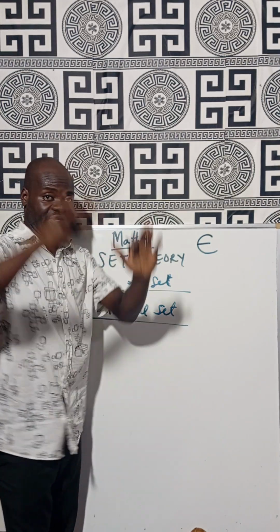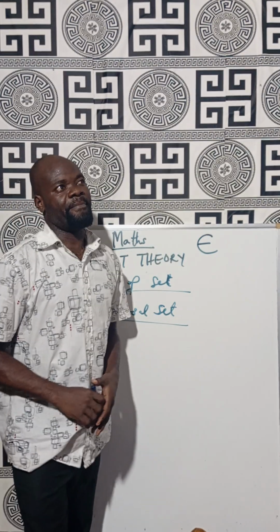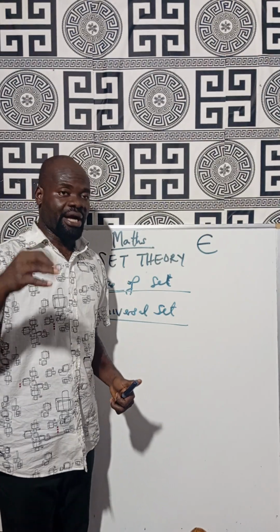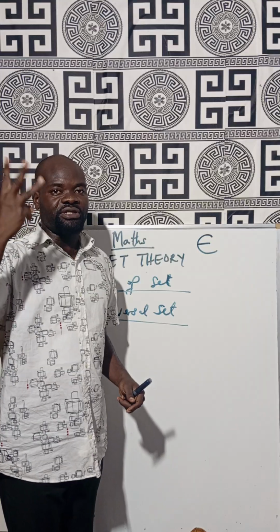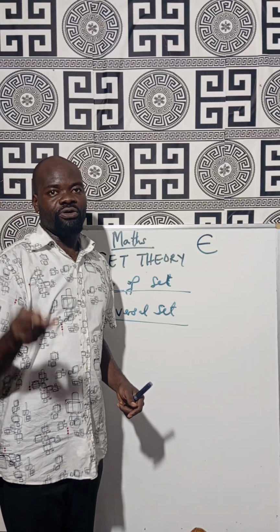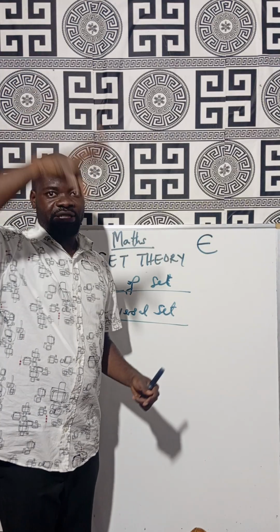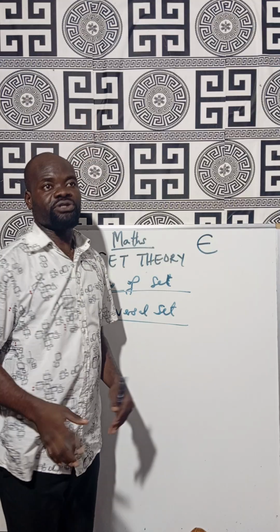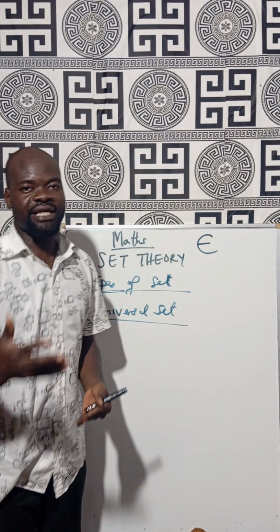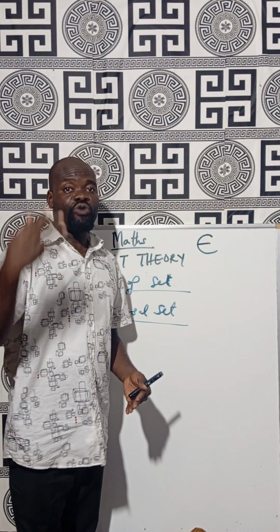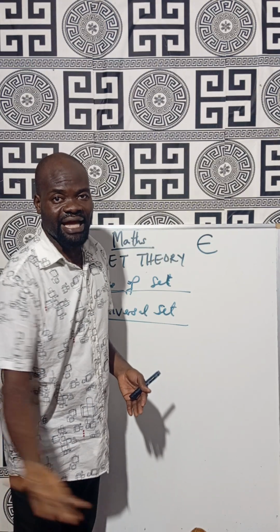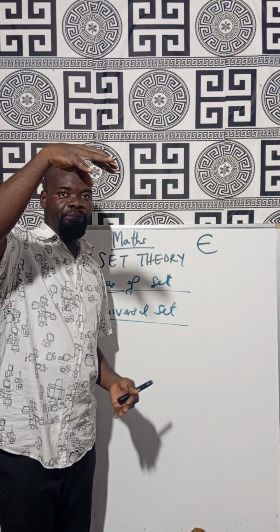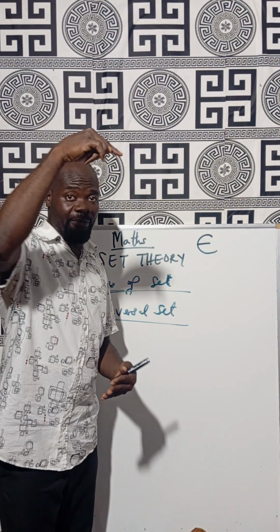Think of it like a mother that gives birth to 3 children. So that mother is the universal set. So you can say the universal set is a set from which all other sets are taken or observed from.